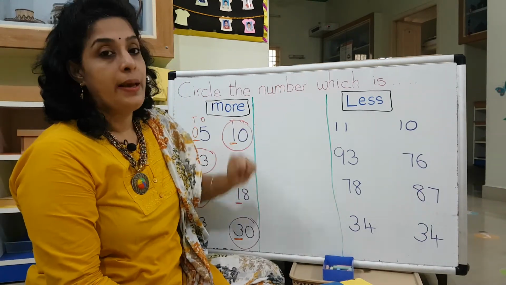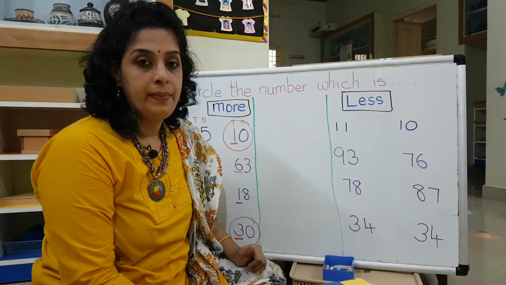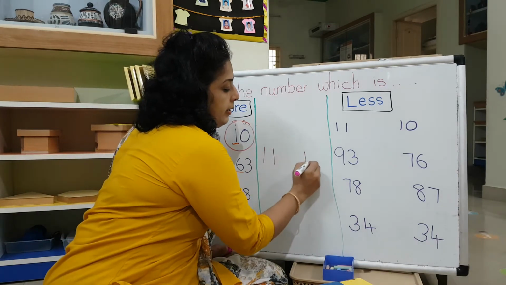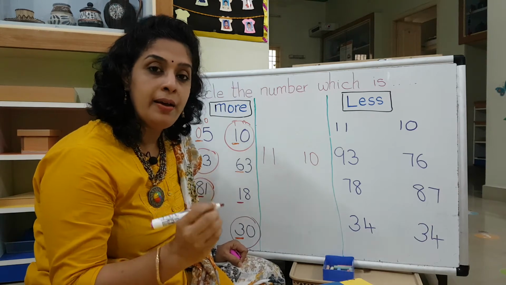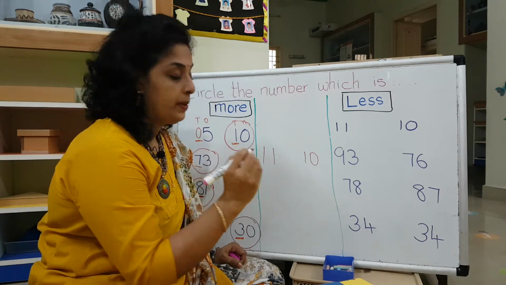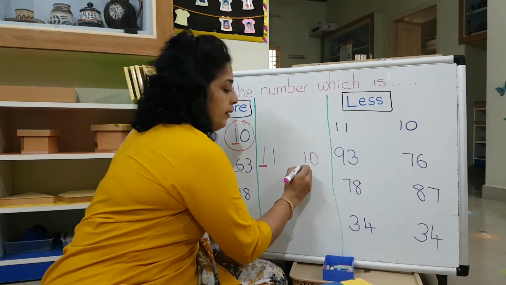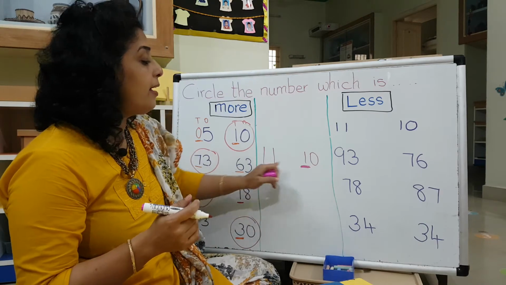See, first number. I have here 11 and 10. Okay? What did I tell you? You will have to check the place value. In the tens place, what is here? 1. What is here? 1. Both places have 1, 1.